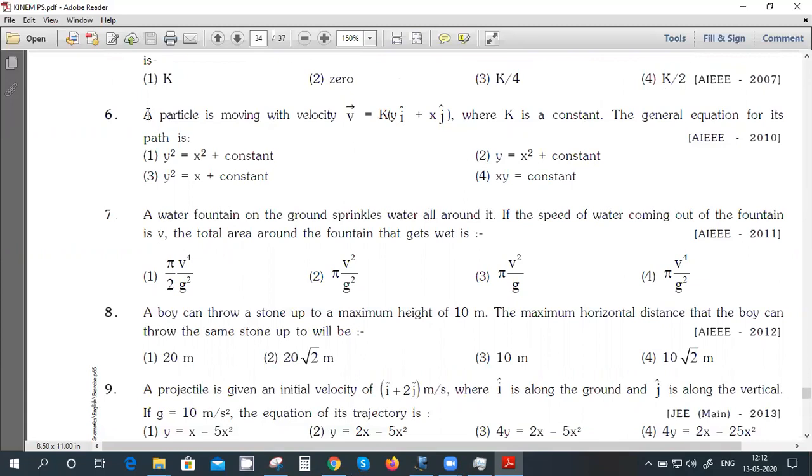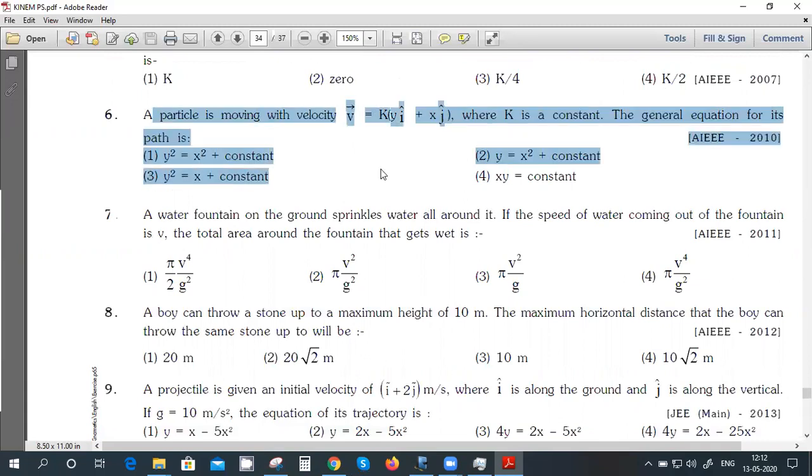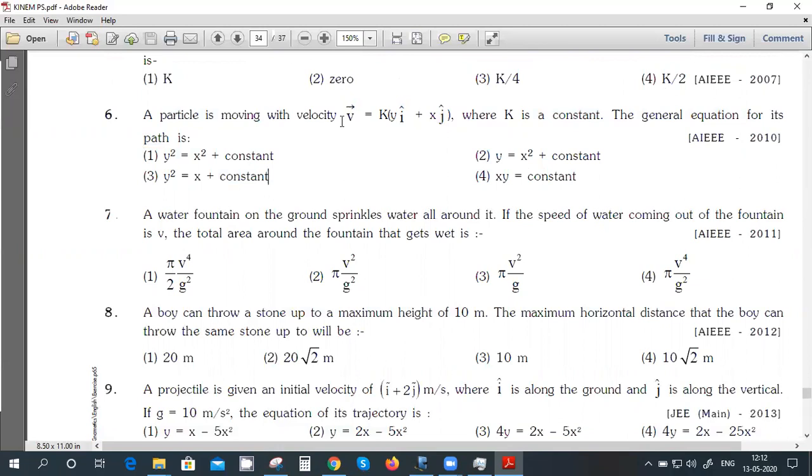Okay, this one, can you just tell how to do it? Velocity is given. So the equation of path. I think we should differentiate. Differentiate what? K y i cap plus x j cap.